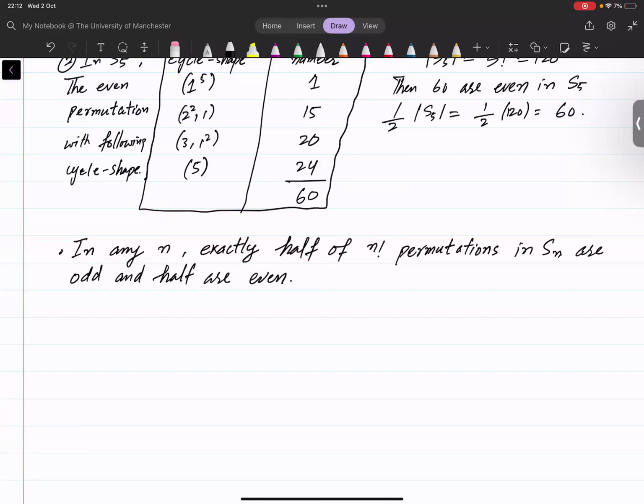So then this means that in group theory, let me give you a glimpse of group theory.